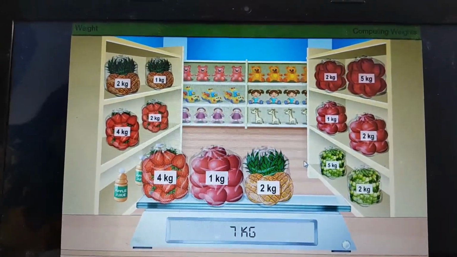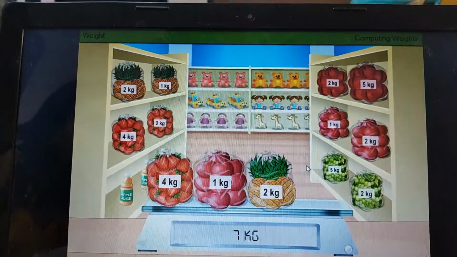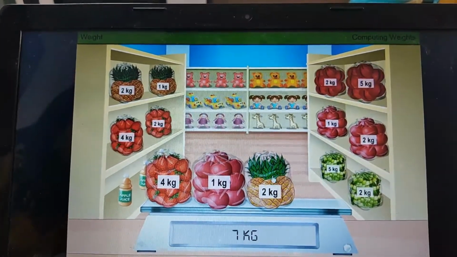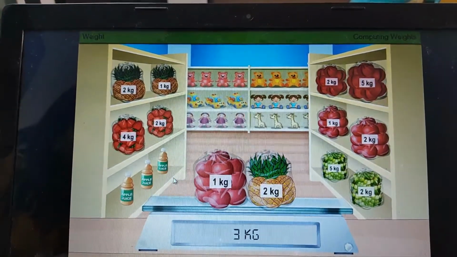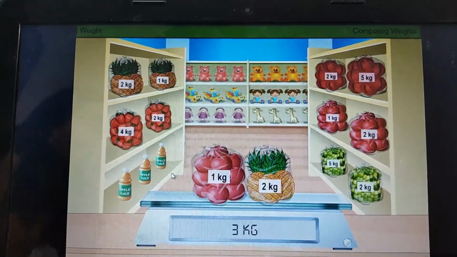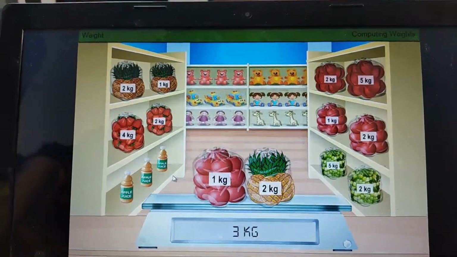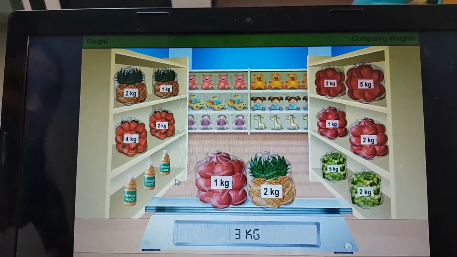Children, what happens when we remove a bag from the weighing machine? See, the weight is 7 kg. Now I am going to remove one bag from here. Now the weight is 3 kg. So when we remove a bag from the weighing machine, the weight decreases.